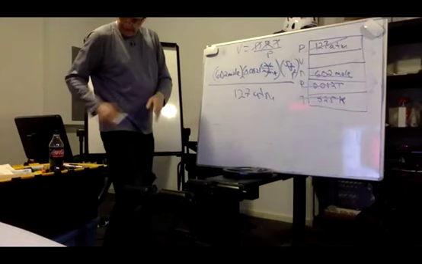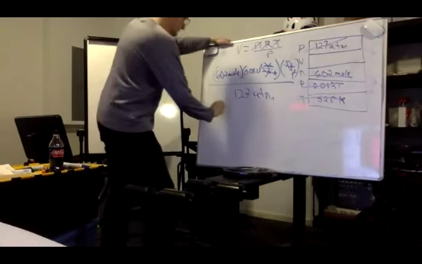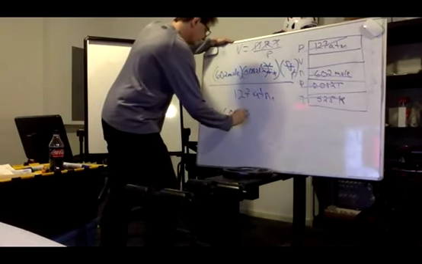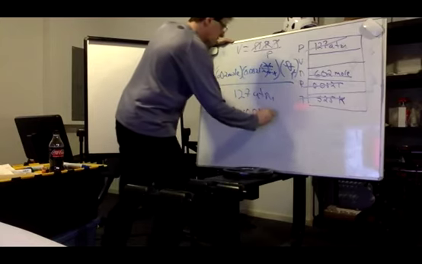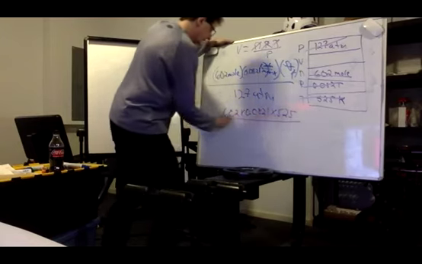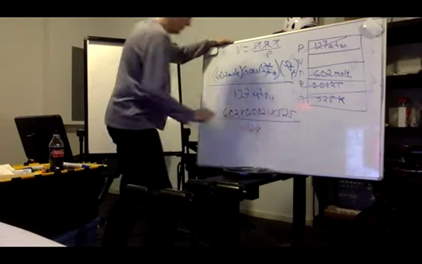Right, so the knockout is going to be 602 times 0.0821 times 525 divided by 127.